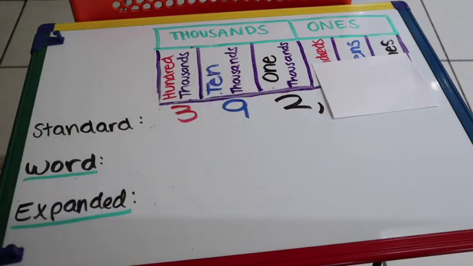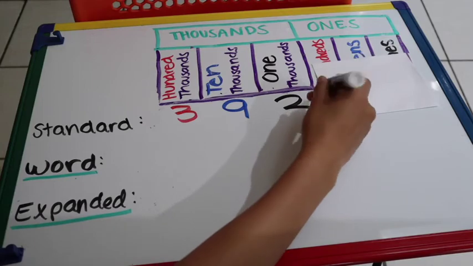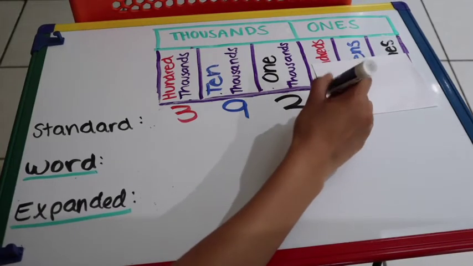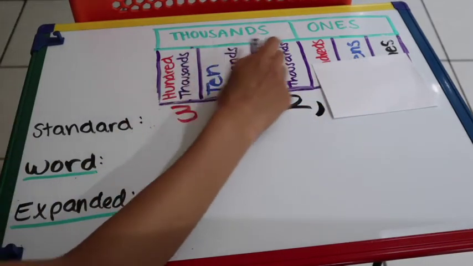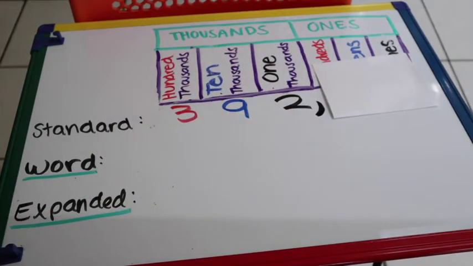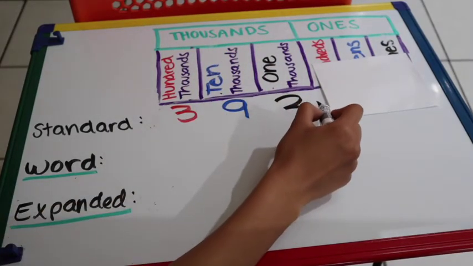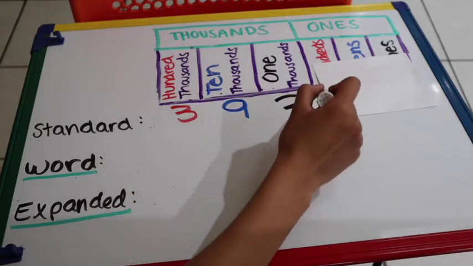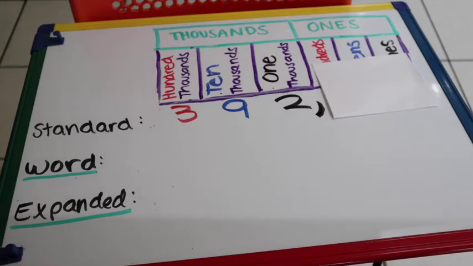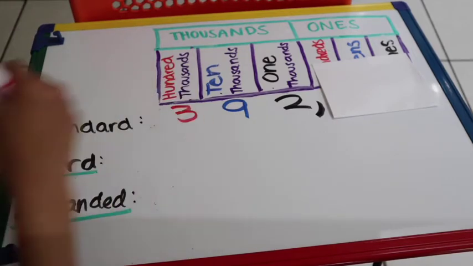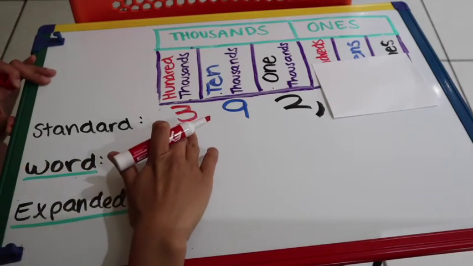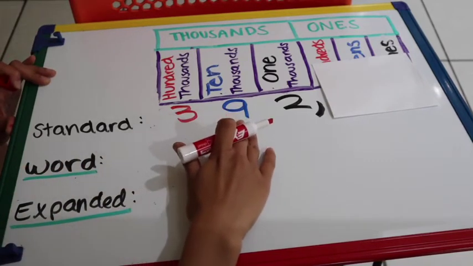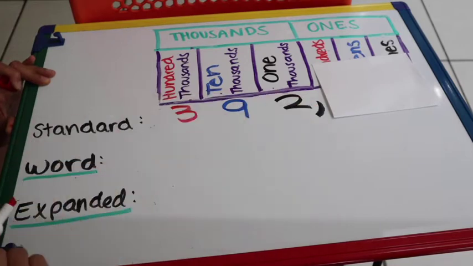392. When we're writing this in word form, in your brain, I want you to imagine this first comma separating the thousands and the ones period as 1,000. So we're going to start writing our number. Once we get to that comma, we're going to say thousand, and I'll show you what I mean. So starting over here in the hundred thousands, we're going to say 392,000.